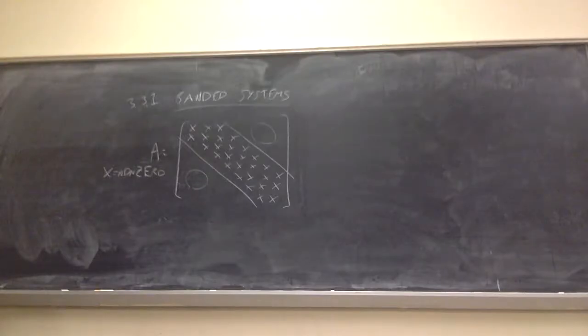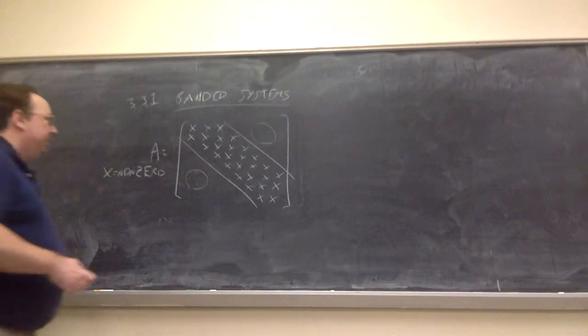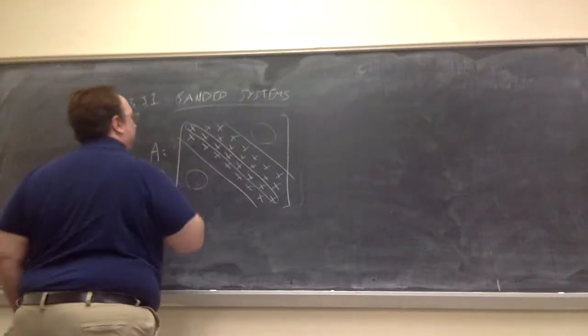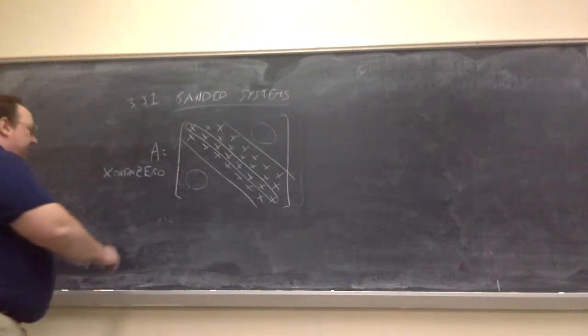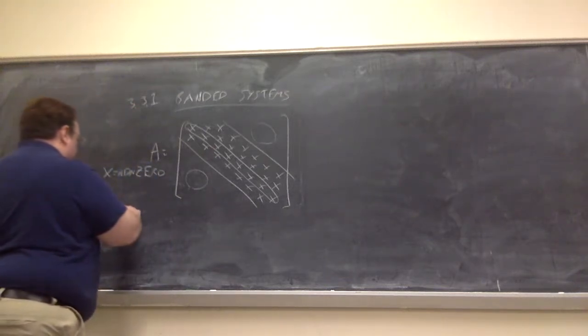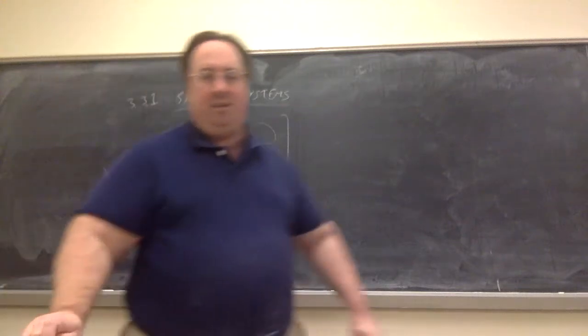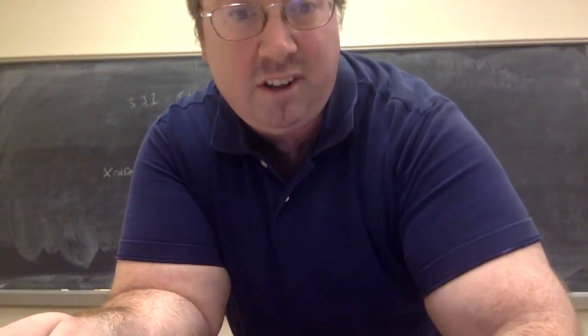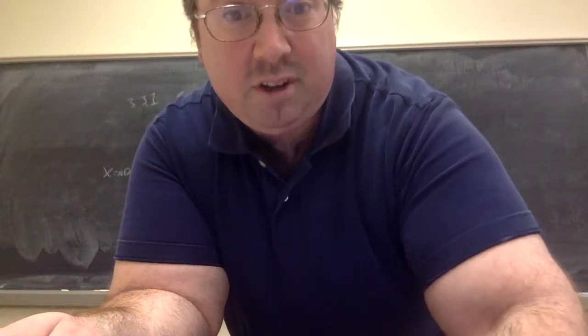Now I'll get some terminology at you to discuss bandwidth. I'm going to circle the main diagonal here. And I'm going to define a quantity, and sorry, I need to check the book. I want to make sure I'm using the exact same notation as in the book.